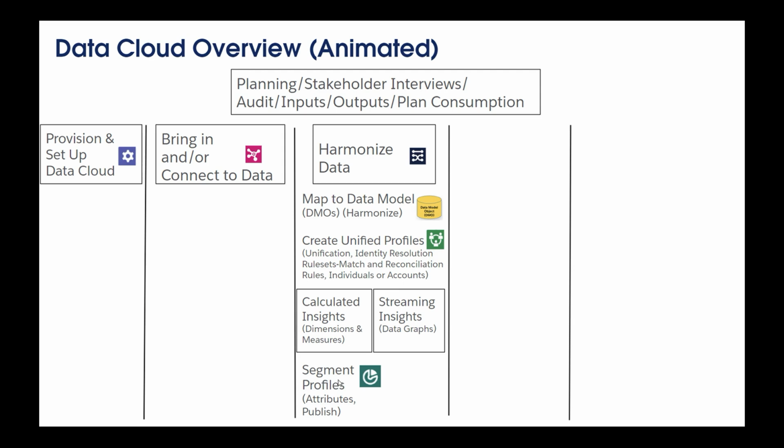We do segmentation in Salesforce all the time, but here we're acting on many other sources of data that have all been harmonized together so that we can segment based on all of that data. And we'll see this pop up again later when we want to act on that segment.